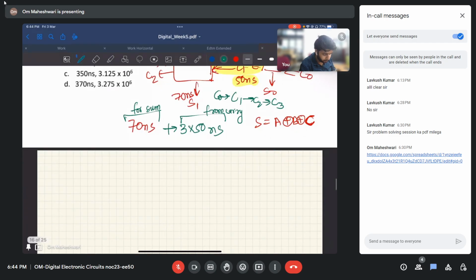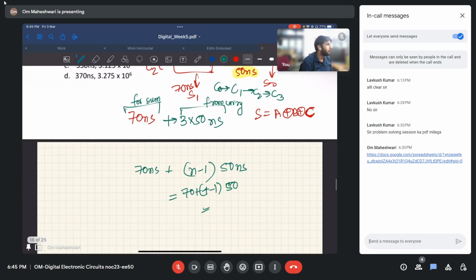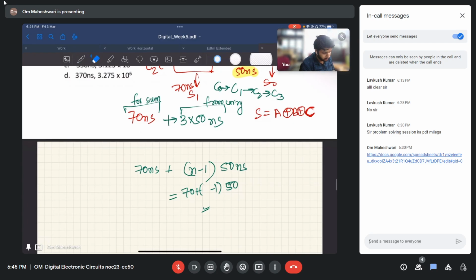So in general, you will have 70 nanoseconds plus (n minus 1) times the number of adders, 50 nanoseconds. Sorry, n is 6 here.